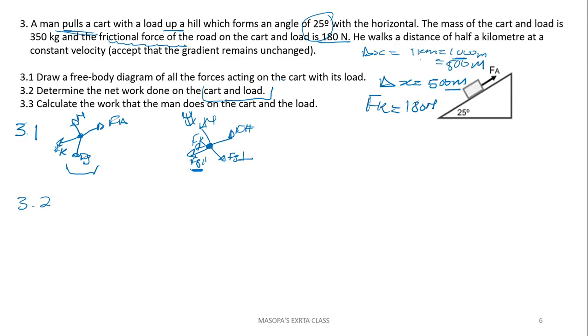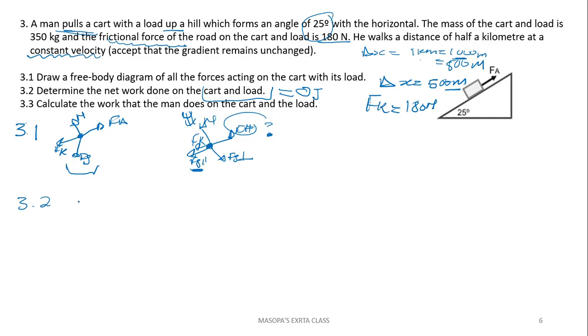You can see that because we have a constant velocity, the net work done on the cart is going to be 0 joules. Now question 3.3 says you must calculate the work done by the man on the cart and the load. Basically we're going to look for the applied force.